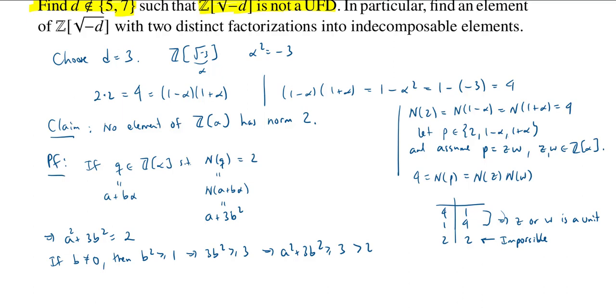I wrote A here, that should be A squared. It has to be at least 3 if B is non-zero. Okay, fine, so B has to be 0. But if B is 0, then I get rid of 3B squared. I have A squared is equal to 2. And that's just not possible. 2 is not a perfect square. This is a contradiction. Okay, and those were the only possibilities. So that completes the proof of our claim.